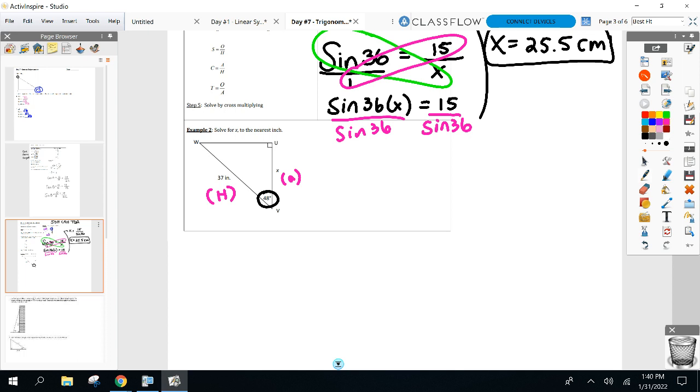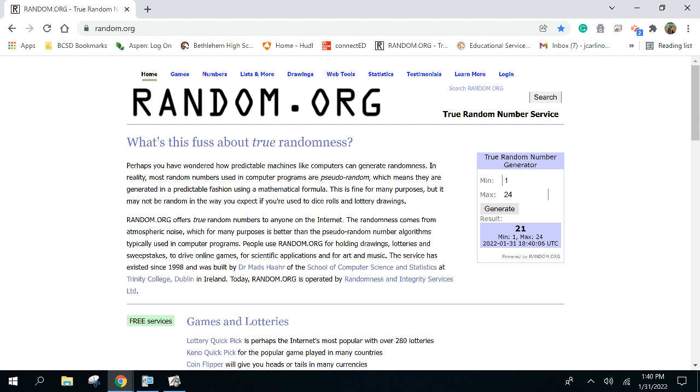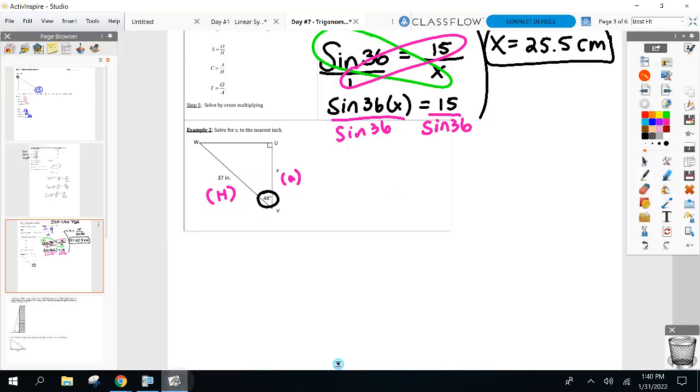Look through SOHCAHTOA. Which ratio do I have enough information to use now? Cosine. Good. Thank you for not calling it cos. Cosine. So ready? Cosine. But I'm not going to put V in there. I know what angle V is. It's 48.